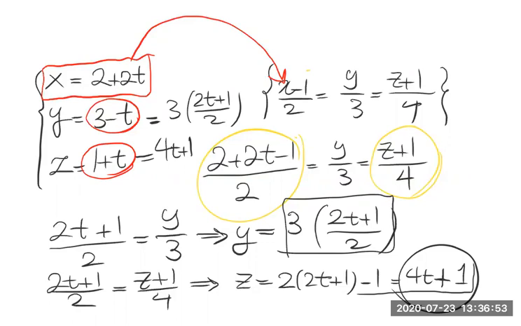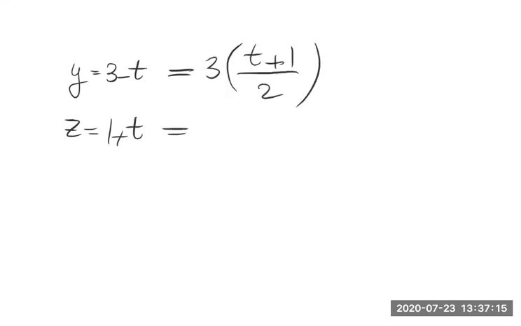So one of them tells us y is 3 minus t, and z is 1 plus t. Then the other computation tells us y is equal to 3 times 2t plus 1 over 2. And the other one tells us z should be 4t plus 1.